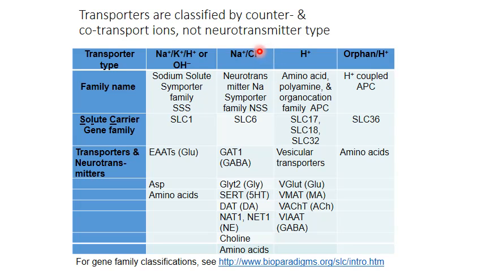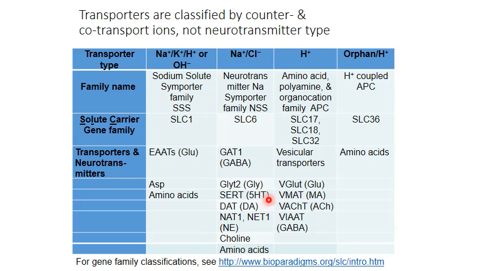Those transporters that take advantage of the hydrogen ion gradient turn out to be all of the vesicular transporters. Vesicular glutamate transporter, vesicular monoamine transporter, which is utilized for epinephrine, norepinephrine, and serotonin, vesicular acetylcholine transporter, vesicular inhibitory amino acid transporter for GABA and glycine.